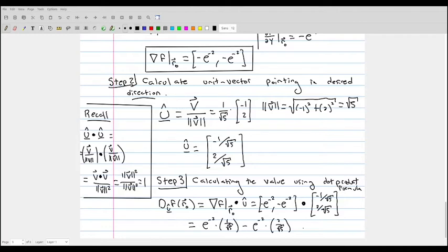And this gives a final value for the directional derivative of negative 1 over the square root of 5 times e to the negative 2. So this value right here is exactly the directional derivative of the function f in the direction of the vector negative 1, 2 at the point 1, 1.